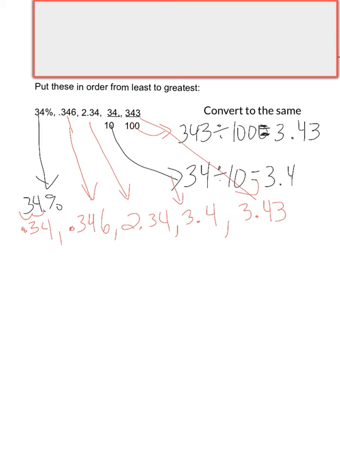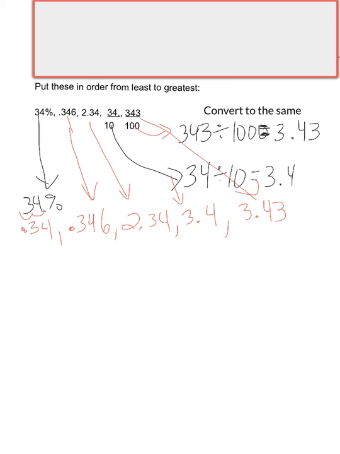Now I have all of my values written as decimals, and this allows me to compare them. I can look here and see that these already happen to be in order from least to greatest. You can see 0.34 is less than 0.346 because this 6 on the end is more than the invisible 0 that is here.